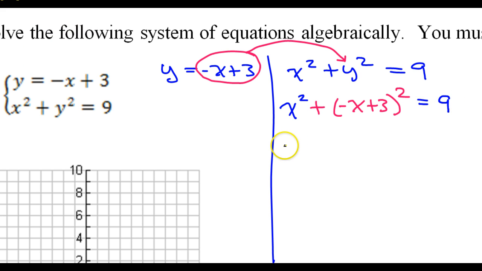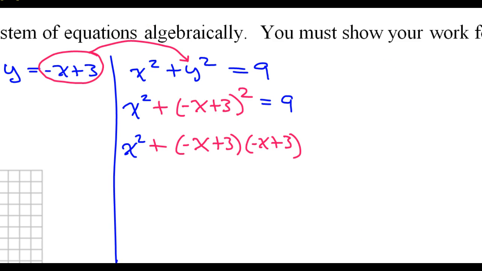So I have x squared. Now, in order to square this, I'm going to have to write it times itself. So it'll be negative x plus 3 times negative x plus 3, and that's going to be equals 9.